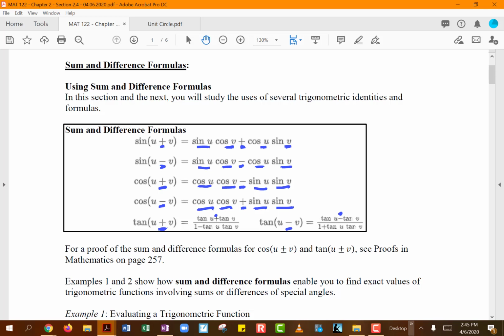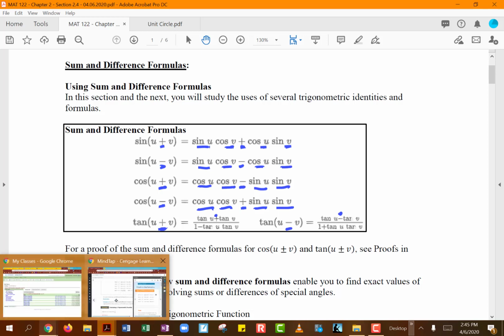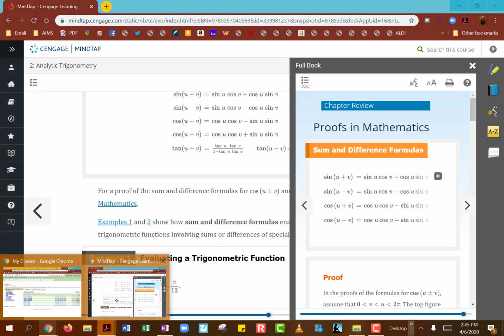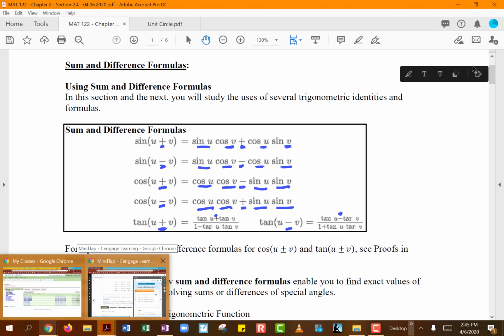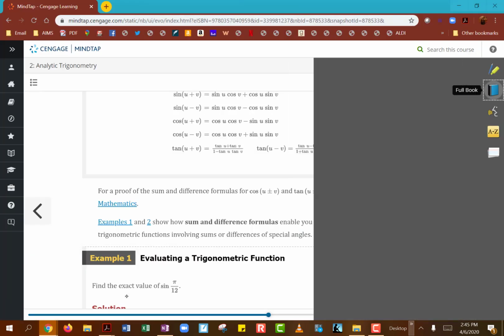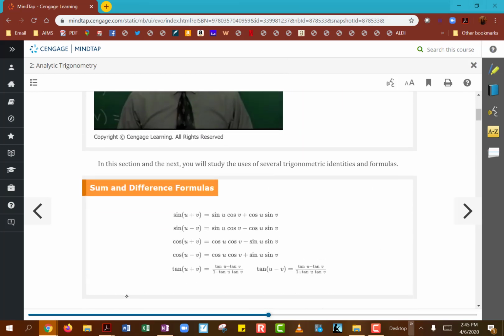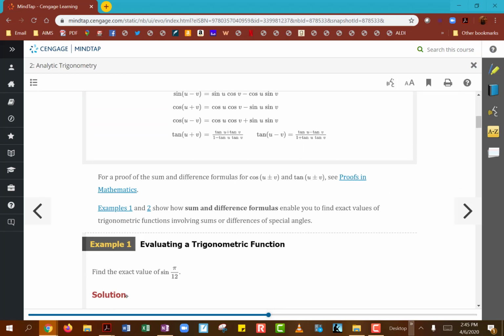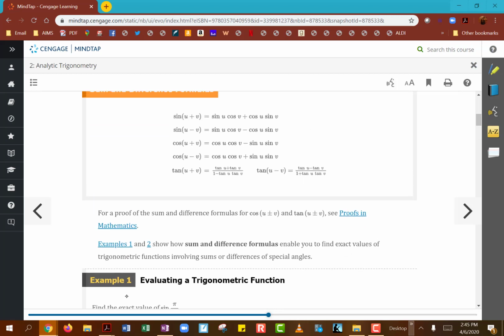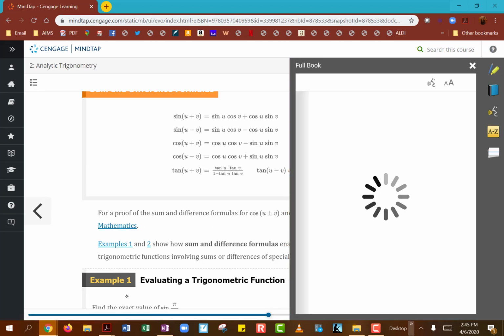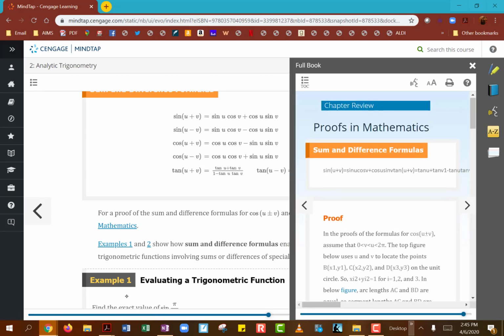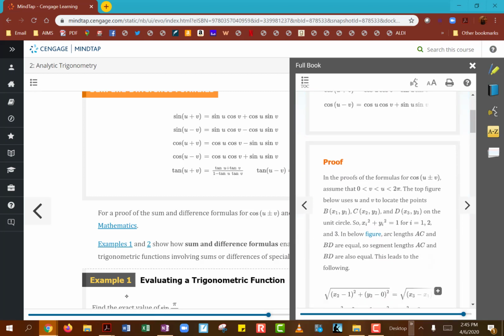So if you wanted to see why these rules work and what proofs they have, you can go to page 257 of your textbook, or if you just open the textbook page for this section 2.4, you can click on this link here for the proofs in mathematics, and this little window pops up, and then you can go down and look at these different proofs.